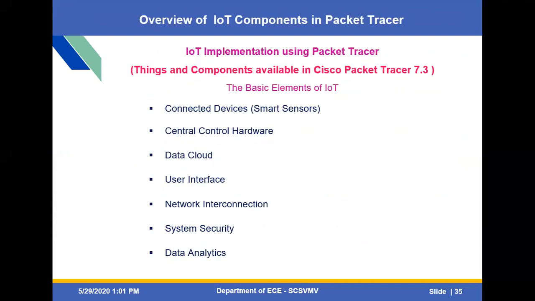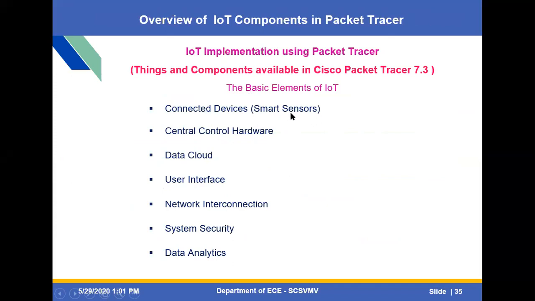Now over to IoT components. What are the components present here? This is one of the basic elements of IoT: connected devices, central control hardware, data cloud, user data, user interface, network interconnection devices, and system security and data analytics. These are the basic elements of IoT.